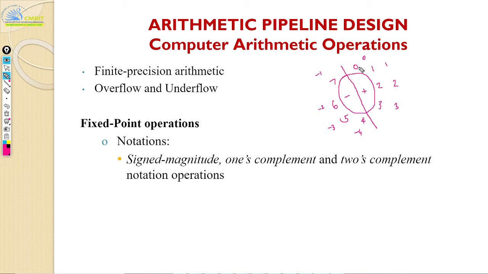This is where the overflow and underflow happens. When you cross this, so when you add two numbers, if you say 3 plus 3, you go this side, right? So it becomes an overflow. But this is what two's complement is all about. If you have to arithmetically calculate two's complement, what do you do? You just invert the number, right?